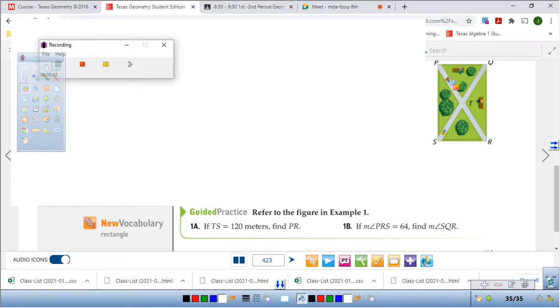You don't have to put the trees and the benches. P, Q, R, S, T, and let's go ahead and find the answers. If TS is 120, then that's 120. We already know that's 240. That's 120, 120. Find PR. Oh, that's pretty easy, right?